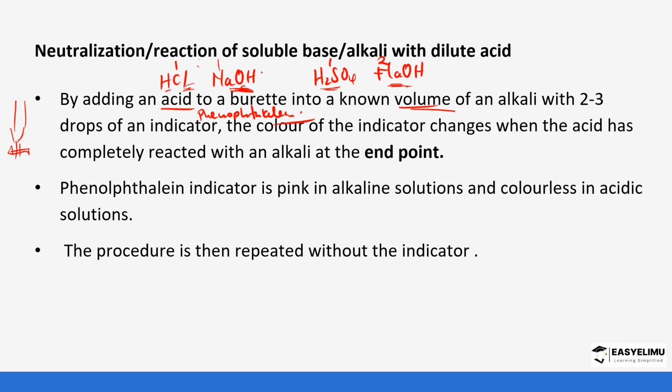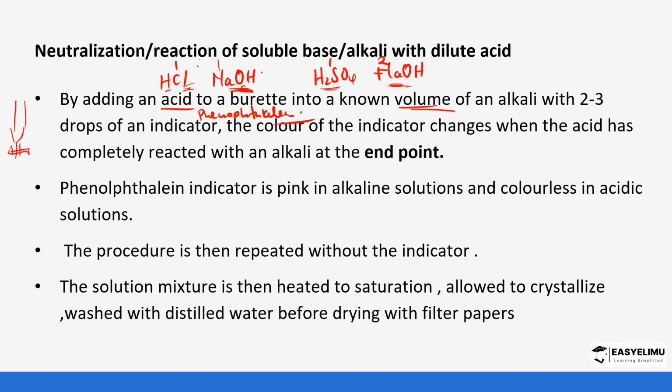After we have finished the reaction, that is the HCl and sodium hydroxide, and the reaction is complete, we will take the final mixture and heat the filtrate. We heat it to saturation because that is where we get our sodium chloride, and then we allow that solution to cool to form crystals, and then we wash those crystals between filter papers.